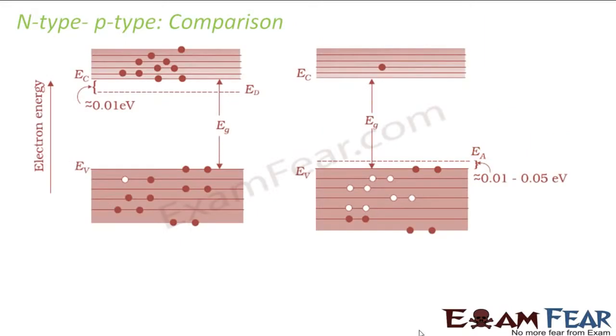Right? So let us quickly compare the energy band diagram of N-type and P-type. In case of N-type semiconductor, we have additional electrons because the impurity in this case is a donor impurity which has extra electrons. So because of this, we have a donor energy level. So electrons can very easily jump from this level to the conduction band.